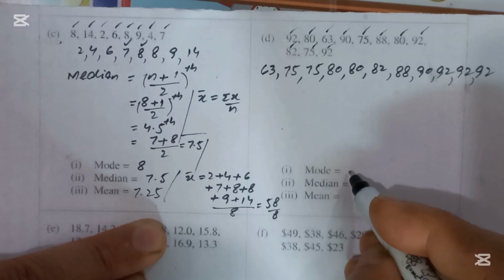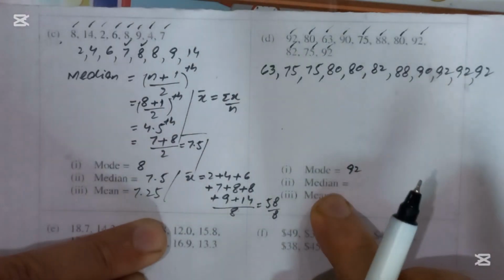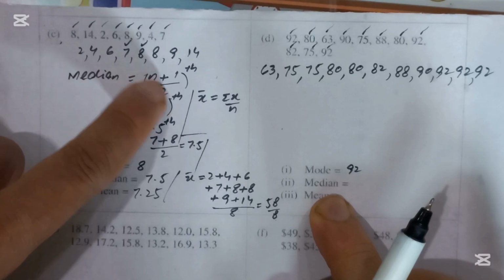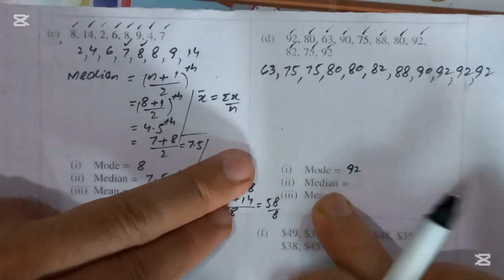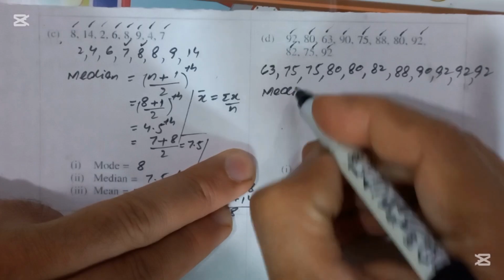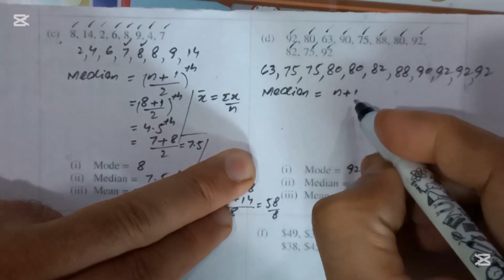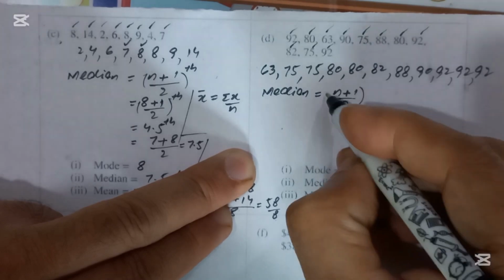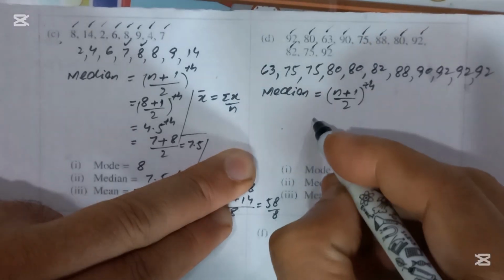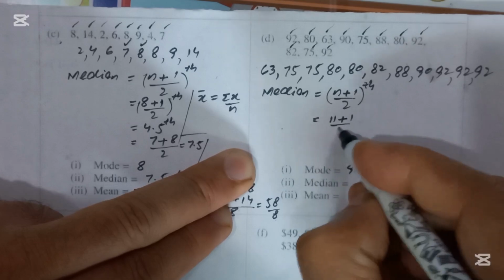So in this data, 92 is the mode. The median we find by using the (n plus 1) over 2th term method. Here it will be the same method because the data is of raw form. So the number of terms is 11, so 11 plus 1 over 2th.